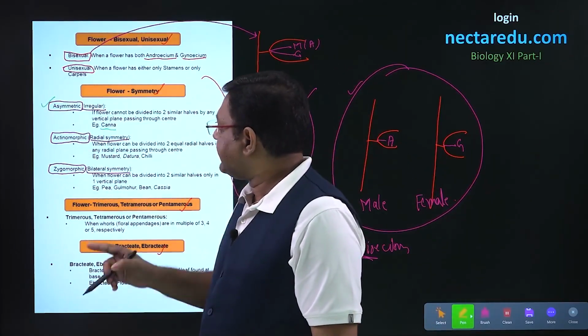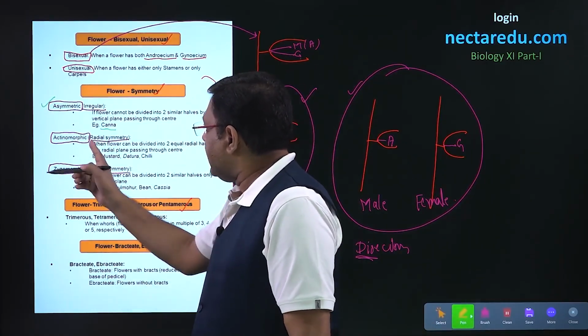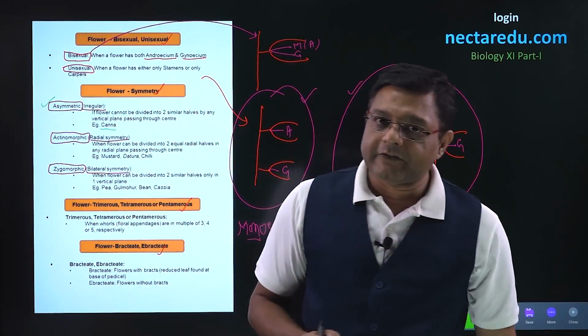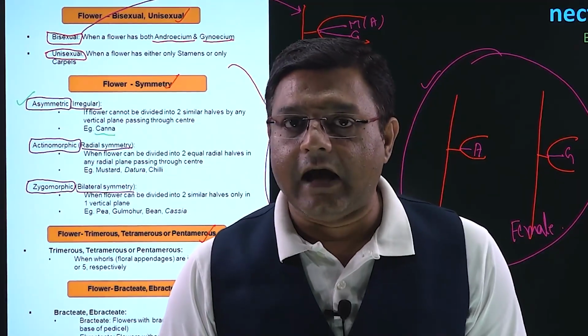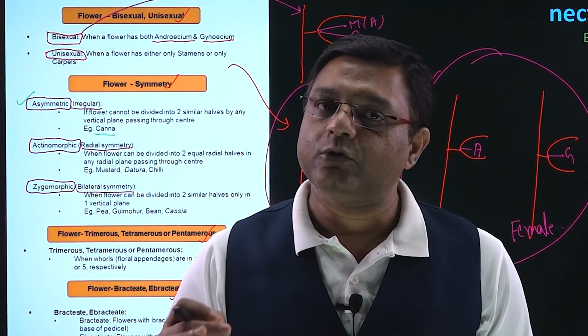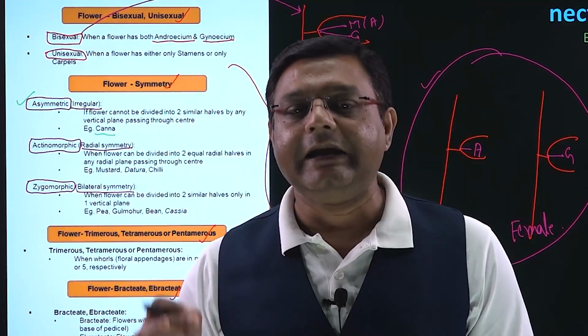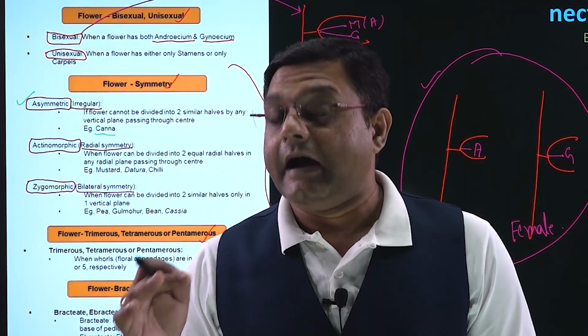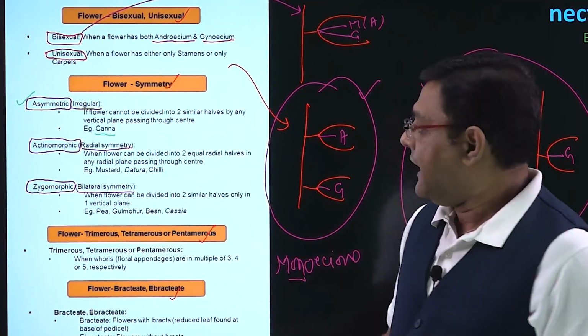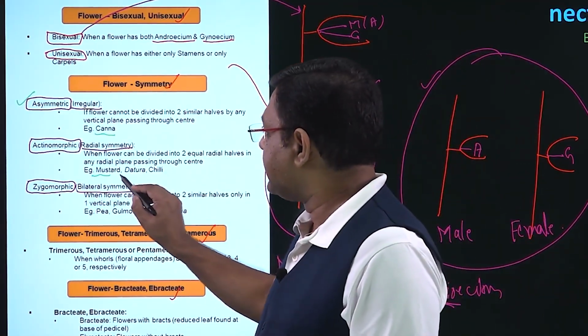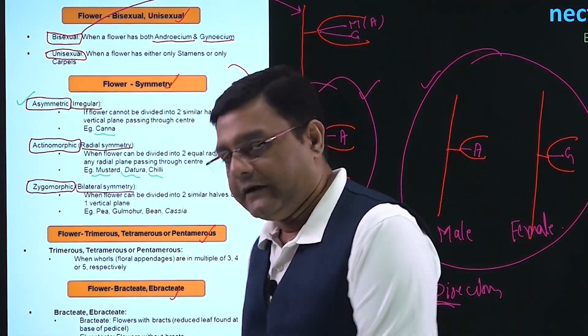Second is the actinomorphic symmetry. In the case of actinomorphic symmetry, any plane that passes through the center of flower can divide the flower into two equal parts. So, there will be unlimited number of planes which will divide flower into two parts. And examples of these are mustard, datura and the chili.